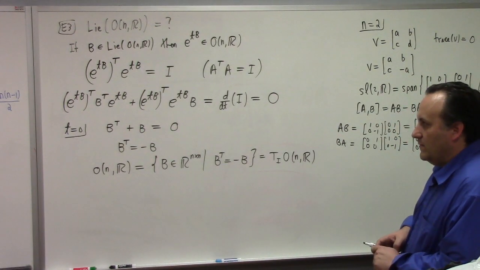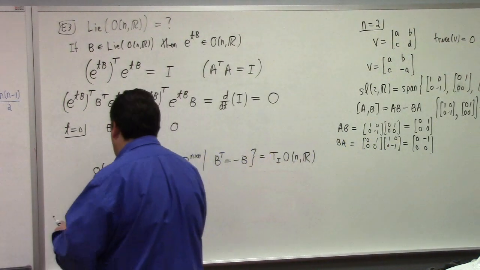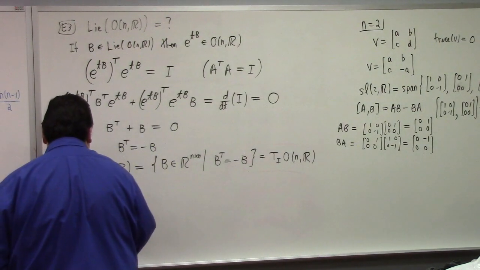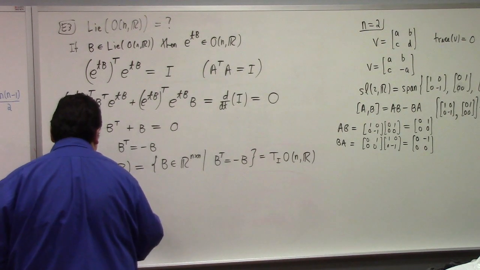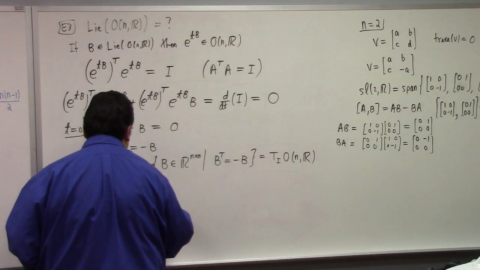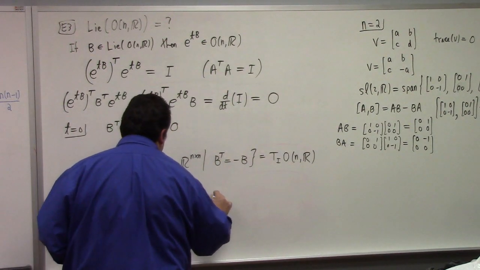Notice this, by the way: big SO(n, R) is equal to O(n, R) intersected with SL(n, R).